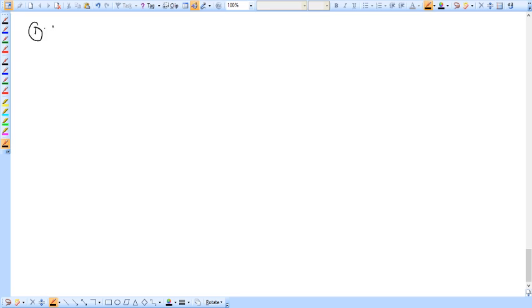Let Q star denote the set of all rational numbers except 1, right? 1 is not part of this set.